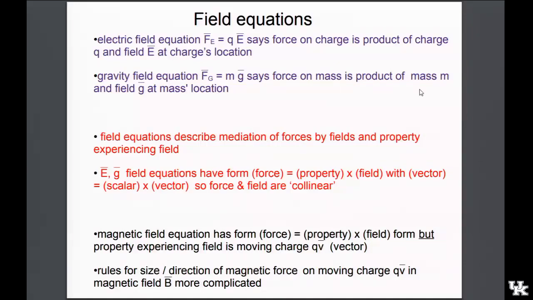They're along the line that's defined by the field. In gravity, it's very simple, because the masses are always positive, and so the force and the field are in the same direction. In electricity, it's a little bit more complicated, because you've got positive and negative charges, plus and minus signs. The forces can be in the direction of the field or opposite the direction of the field, and that's what we mean by collinear. That's just what that word means.